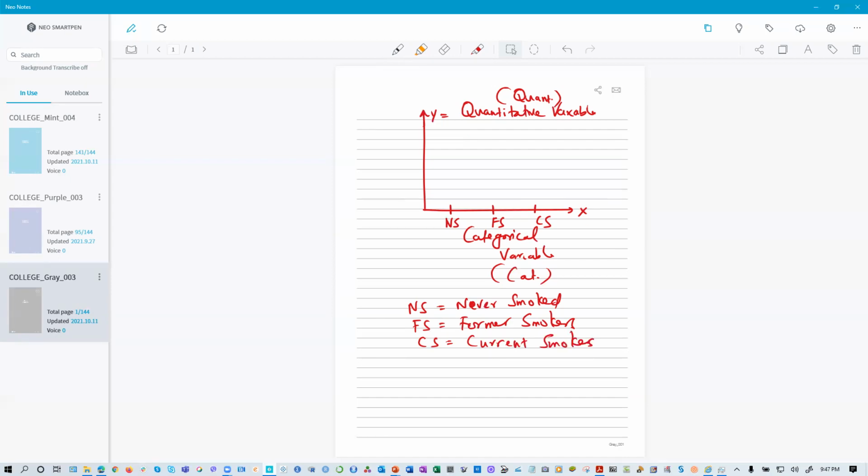And for this one, let's say they get something called the data diet, some kind of experiment they were doing. If you go to this one, you can get the mean of this group, y bar of non-smokers. You can get the mean of this one, y bar of former smokers, and y bar of current smokers.